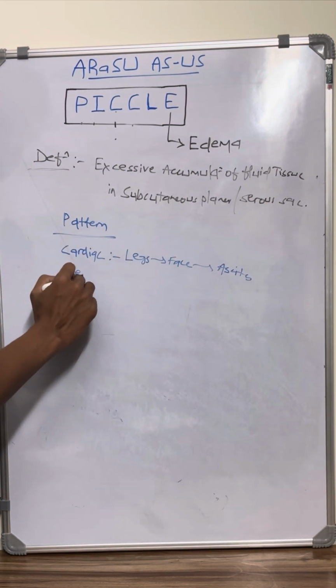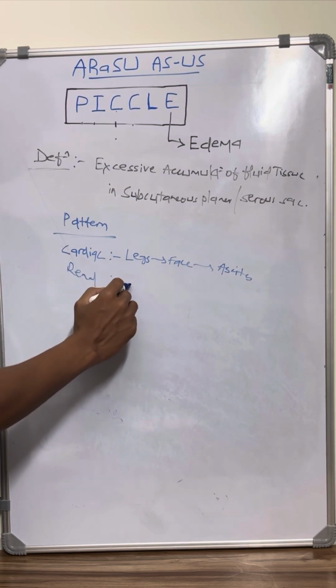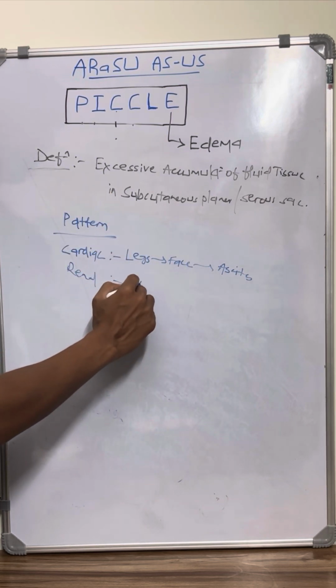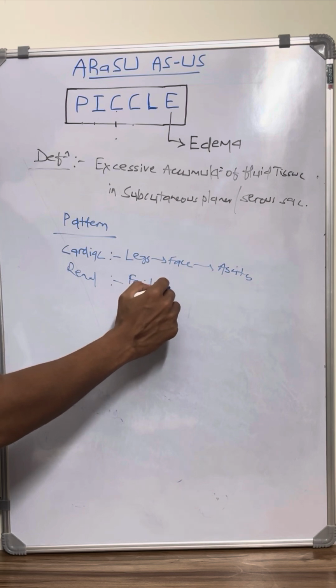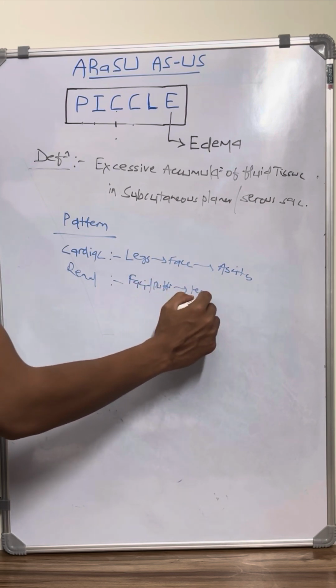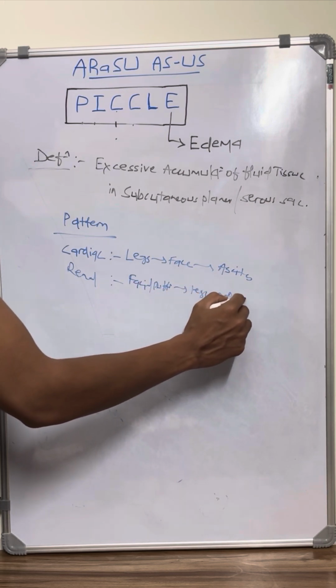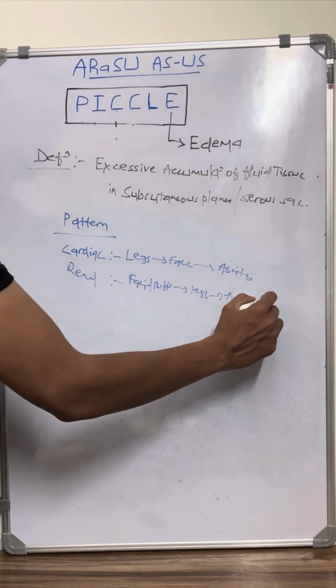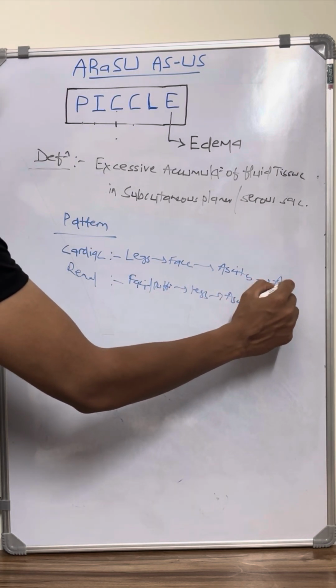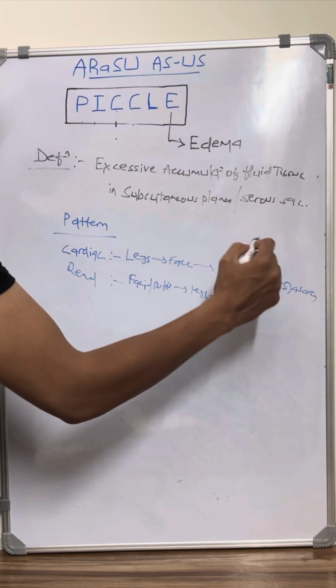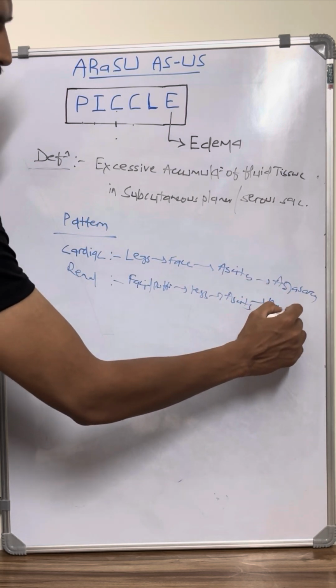Whereas in renal disease, there will be appearance of facial puffiness first, then there will be leg edema, then there might be ascites. At the end, it might lead to anasarca. Anasarca is generalized edema.